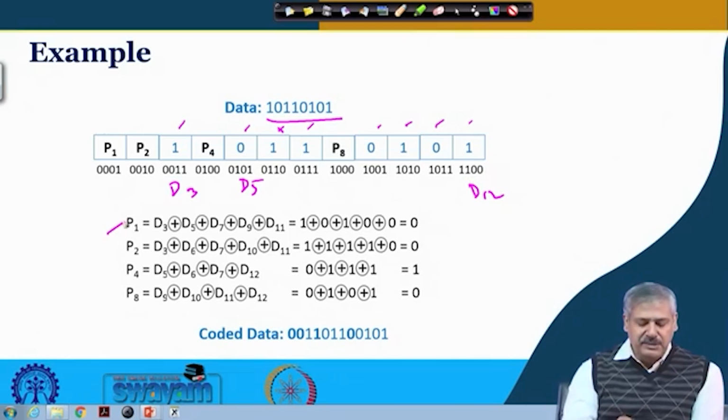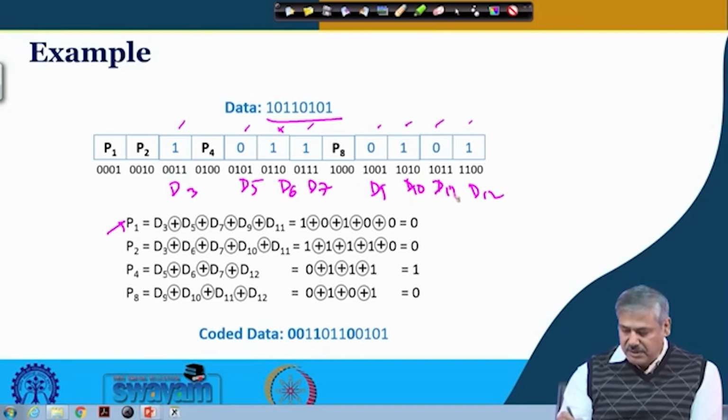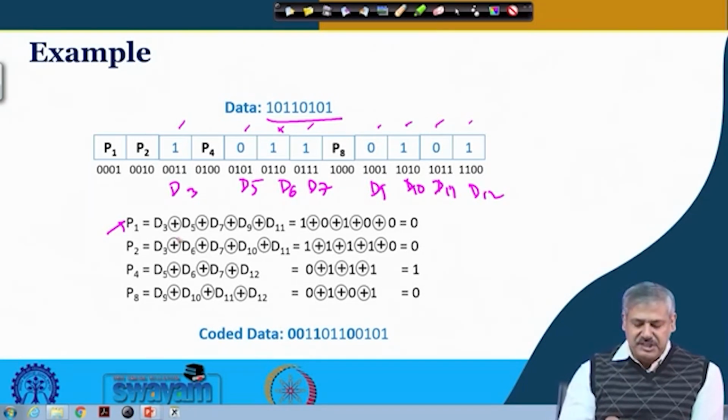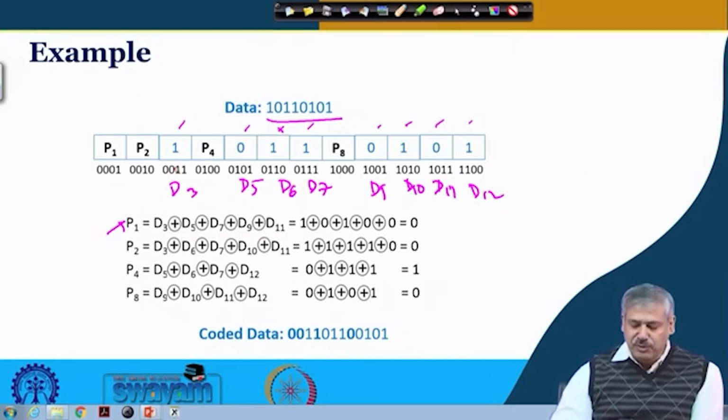To get P1, we take D3, D5, D7, D9, D11. D3 is 1, D5 is 0, D7 is 1, D9 is 0 and D11 is 0.